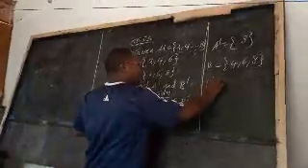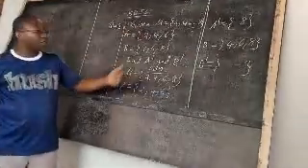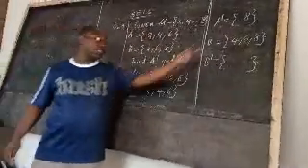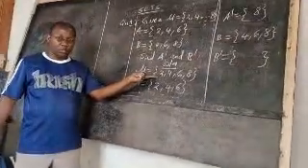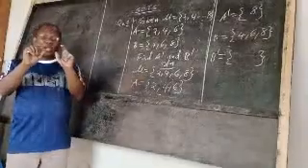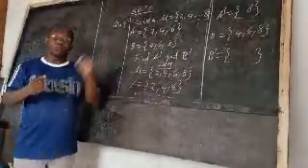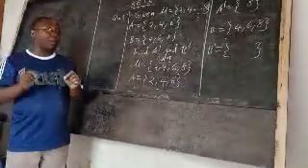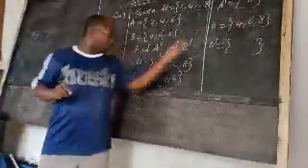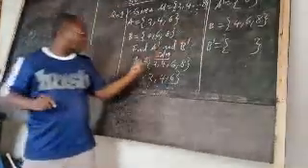In B complement, we write the elements which are not found in set B but are found in the universal set. Are we together? So to find a complement of a set, we compare a given set with the universal set, not with another set. We cannot compare set B and set A, but we compare set B and the universal set.